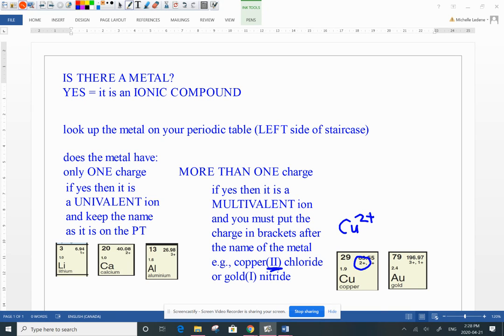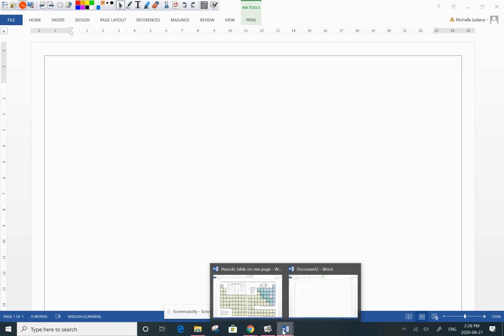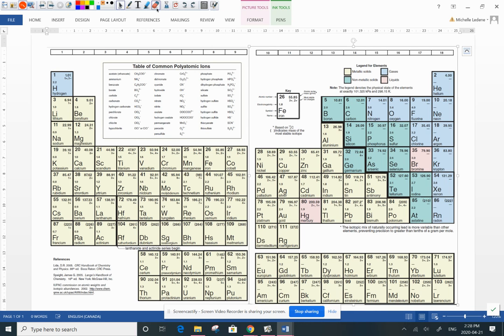What about the chloride ion? Remember, chloride is a non-metal, and we look it up on the periodic table and we see Cl. It does not tell us what the charge is, so we have to figure that out by looking at what group chlorine is in. Here is chlorine.